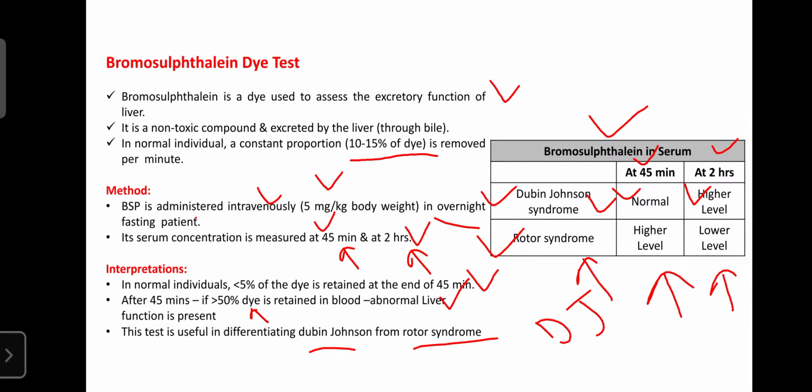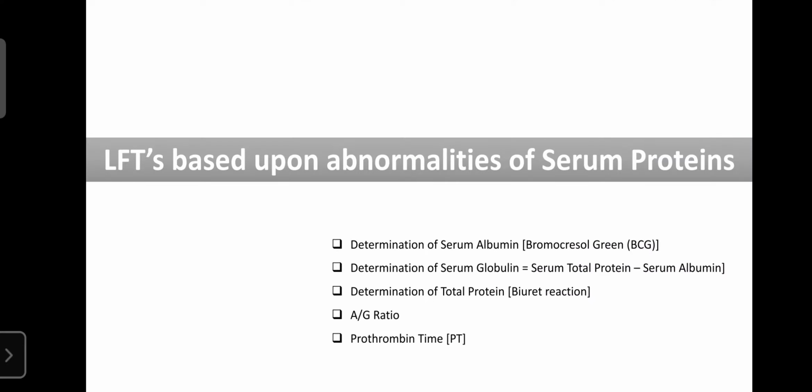So next we learn regarding the LFT based upon the abnormalities of the serum proteins. Already you know the liver is the site for protein synthesis as well as protein metabolism. Whatever proteins you take from the food reach the liver as small chains, as amino acids.